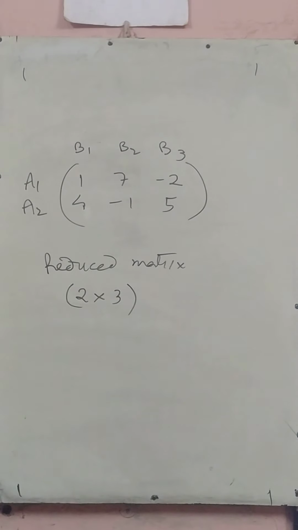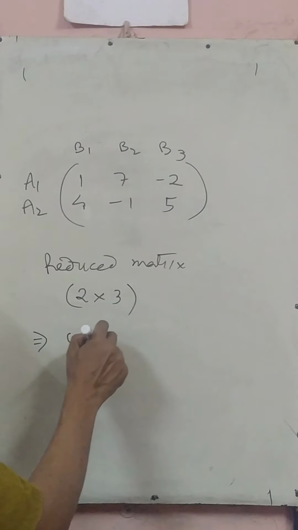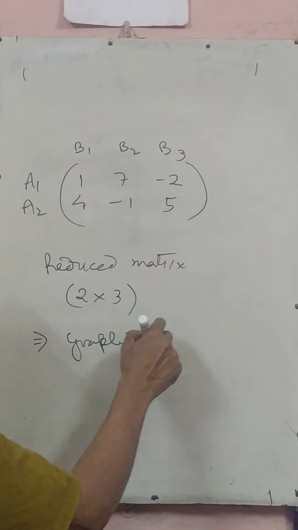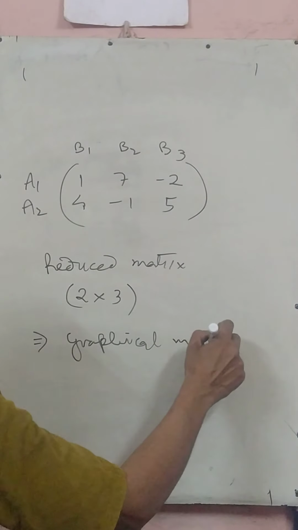If 2 rows, 2 columns cannot be reached, say 2 rows, 3 columns, or 2 rows, 5 columns, or 5 rows, 2 columns, 6 rows, 2 columns like this, meaning 2 rows with more columns or more rows with 2 columns, this idea we will be discussing in the graphical method. So this problem I am leaving. The graphical method is the next concept, which we will discuss in the next video. This will require the graphical method.